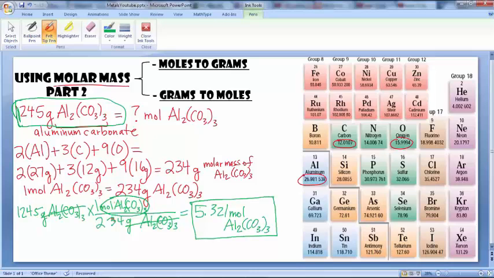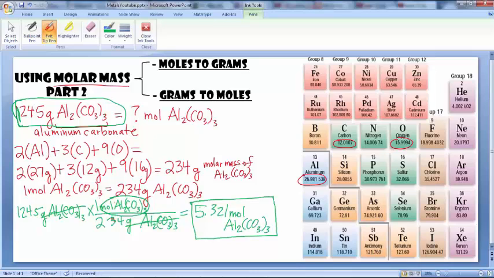And also in the next video I plan on going from grams to moles to number of atoms, and from number of atoms to moles to grams.